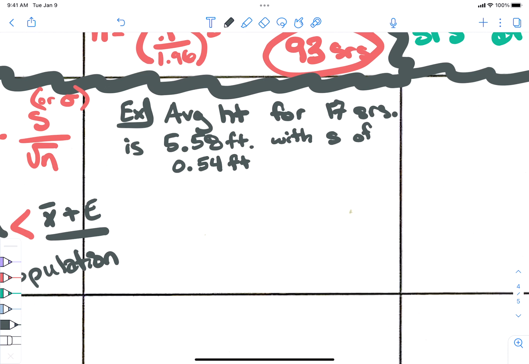Should we do a smaller standard deviation? Let's go 3-4. I'll change it. 0.34 feet. We'll go with 0.34 feet.